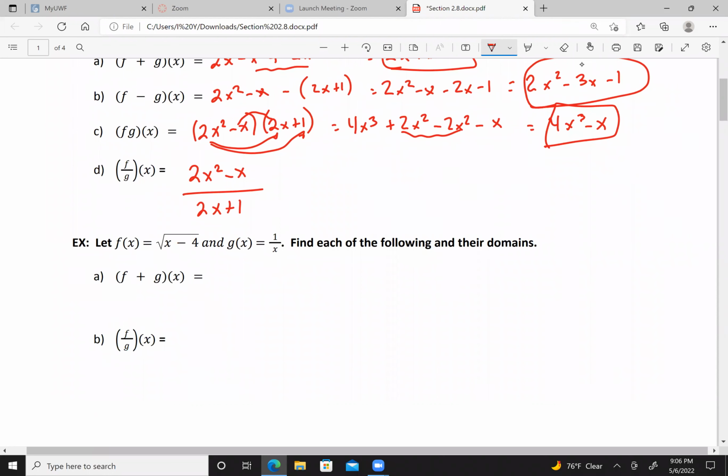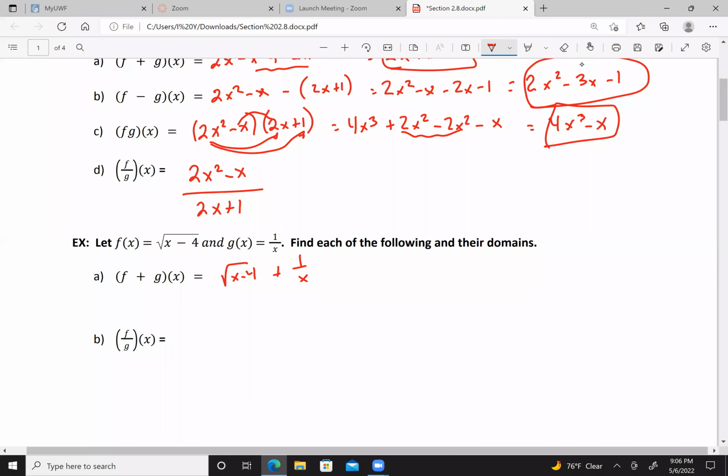So if f of x is equal to the square root of x minus 4, and g of x is equal to 1 over x, what is f plus g of x? Well, square root of x minus 4 plus 1 over x. What about the domain? Okay, so we need to look at this.